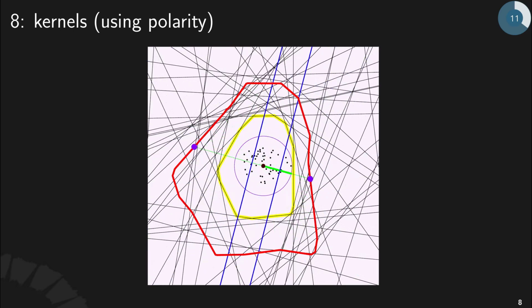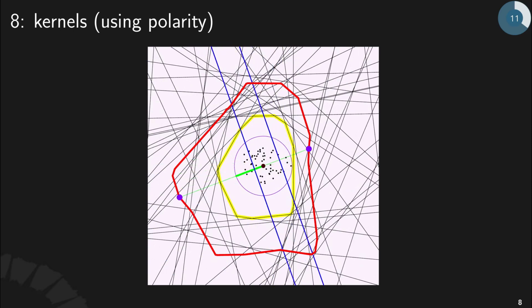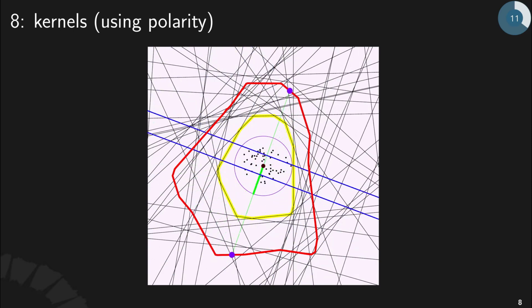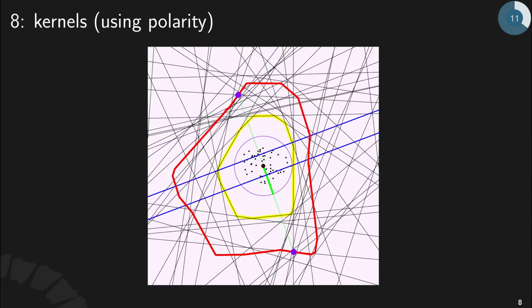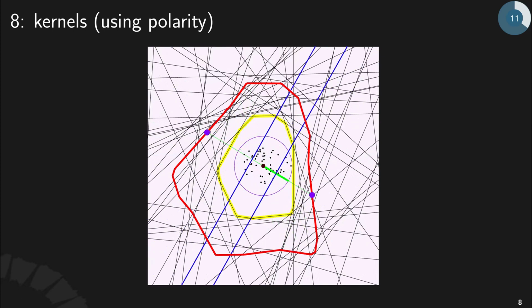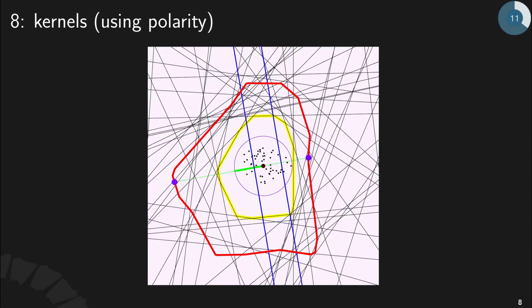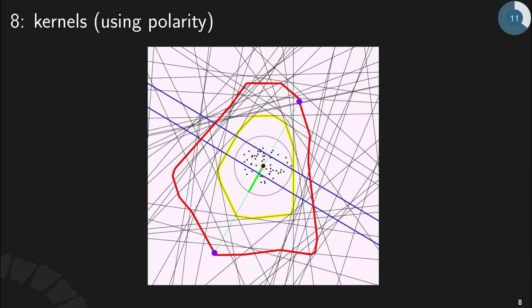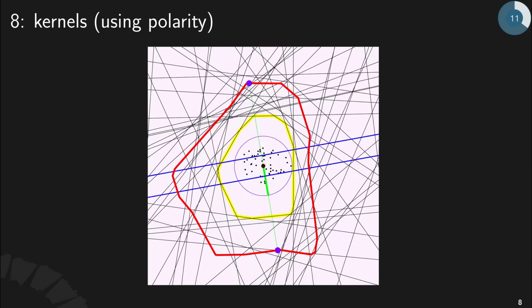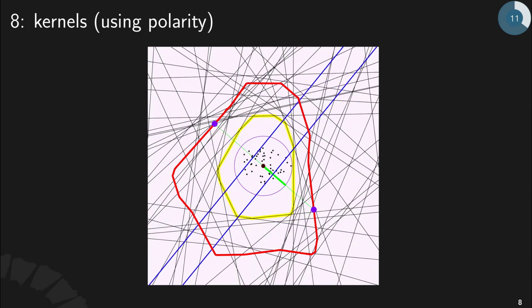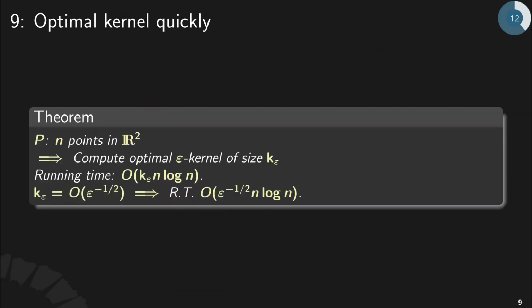And in fact, this can be made to work. The big problem here is that one can show that the number of such fragments of lines overall can be quadratic. So the naive algorithm doesn't quite work, but it turns out that being a bit more clever and running first a greedy algorithm, we can in fact get a subcubic running time. So we get the following result.